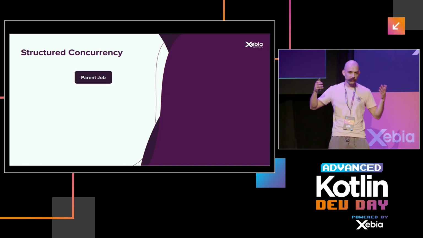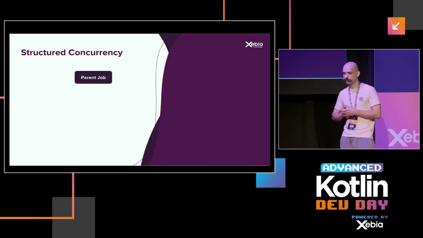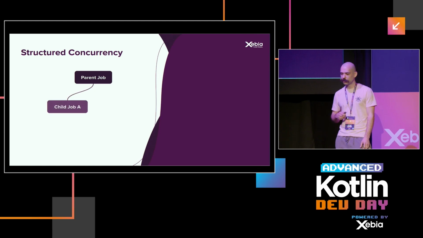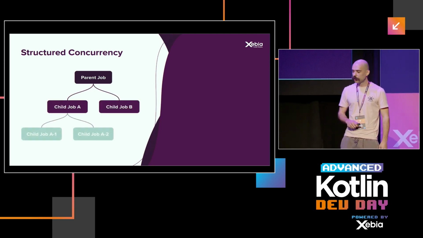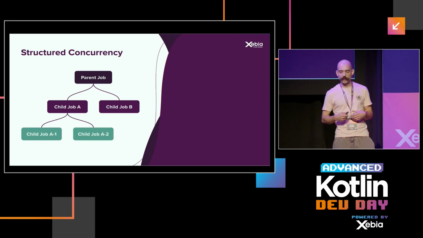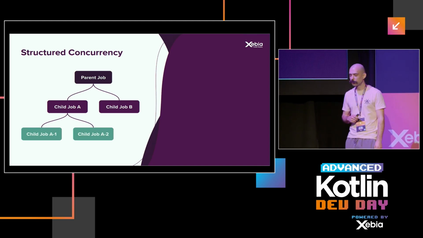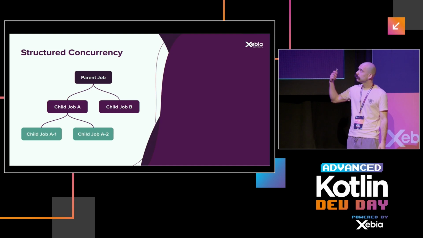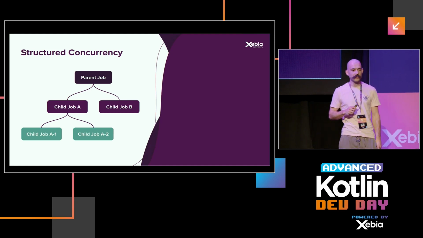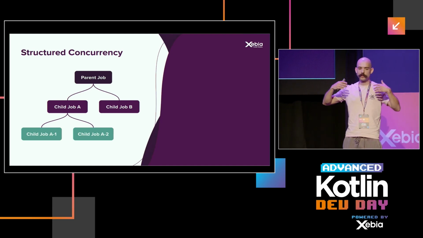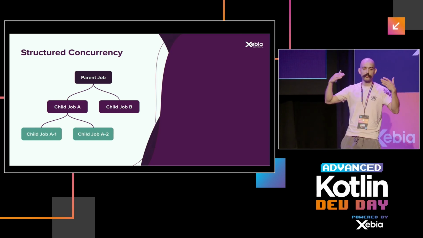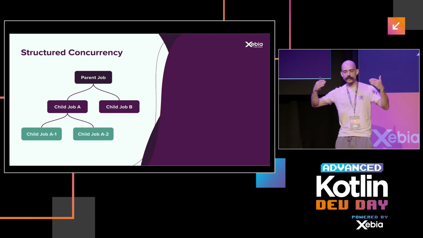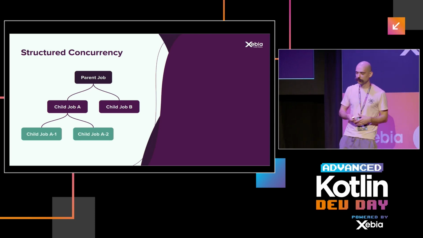So imagine that we have some parent job process, and it can launch child process A, and it can launch a child process B, and in turn, child job A can launch 2 more child processes. When we consider the most parent job to be canceled, everything below needs to cancel as well. So before we can consider parent job to be terminated, all the child jobs also have to be terminated.